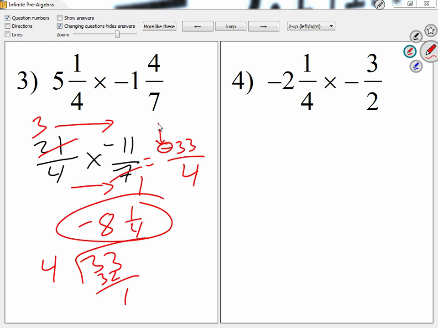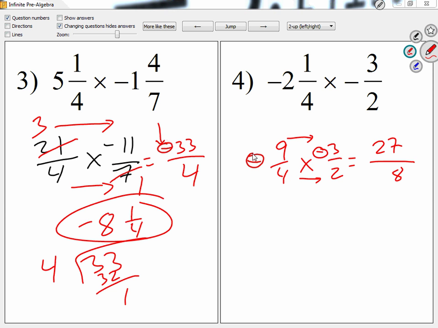Take a look at question number 4. I'm going to write this as negative 9 over 4 times negative 3 over 2. There's nothing I can simplify, so I'm just going to go straight across. 9 times 3 is 27. 4 times 2 is 8. This is positive because negative times negative is positive.